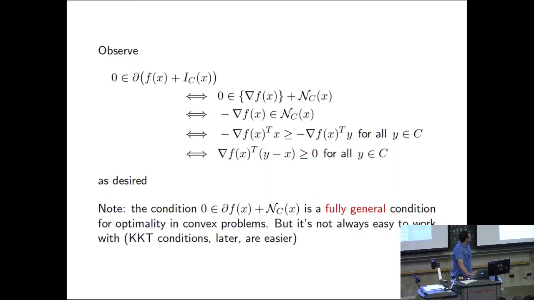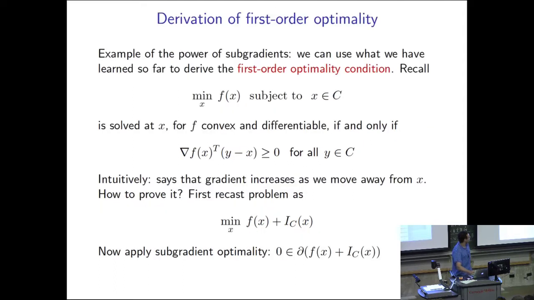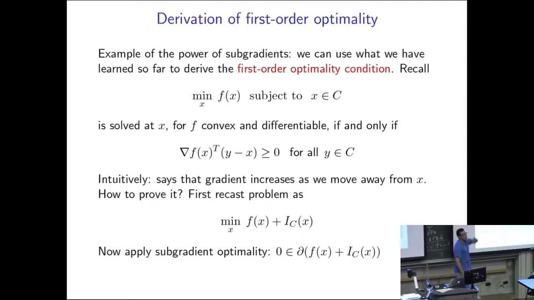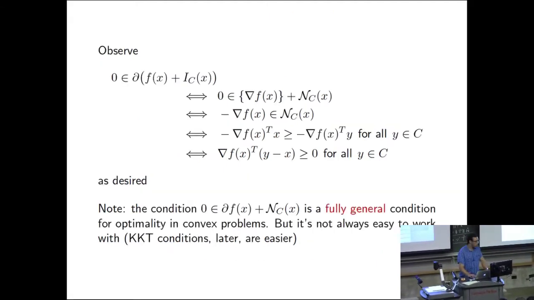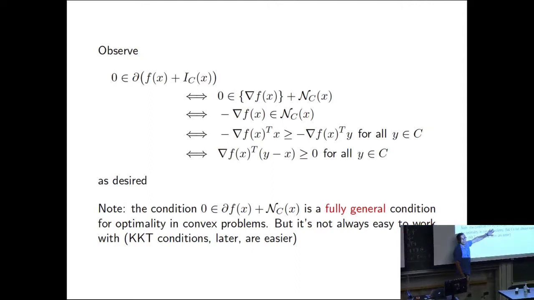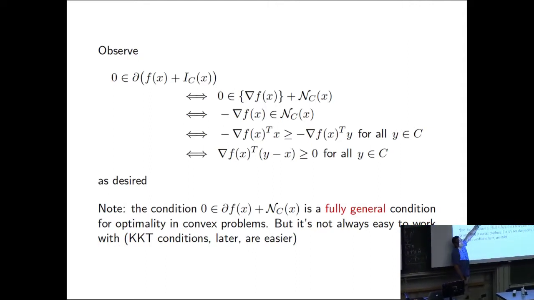And I'll just mention that if we relaxed the assumption that f was differentiable and just said it was convex, then we would essentially be using this as a condition for optimality, just replacing the set containing the gradient with the subdifferential.